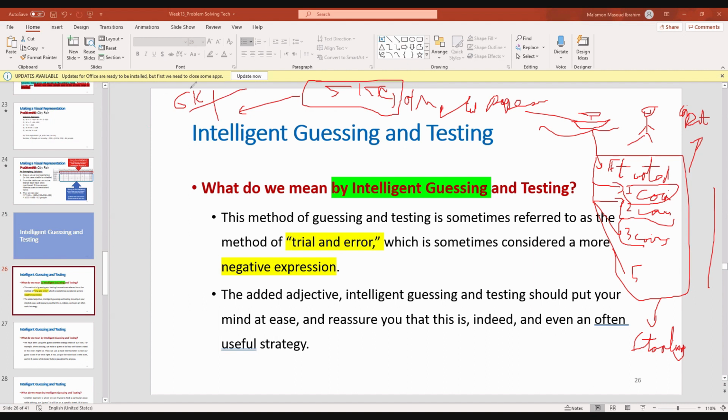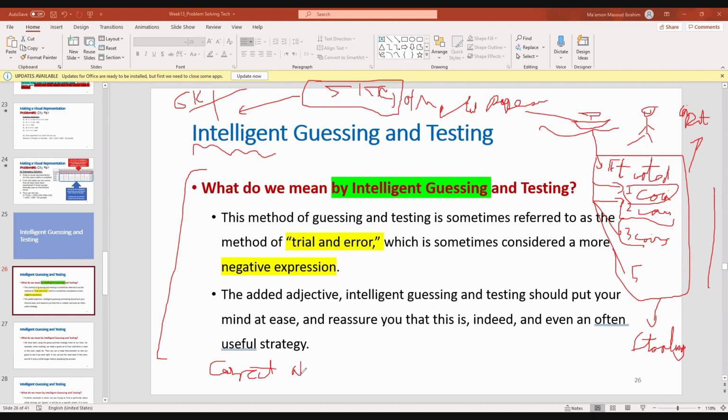Okay, he must use maybe 4 or 3 or 100 grams, whatever, but not more than 5. So the data, this is why we call it intelligent guessing. The inputs for your experiment should be intelligent in order to reach the correct answer.